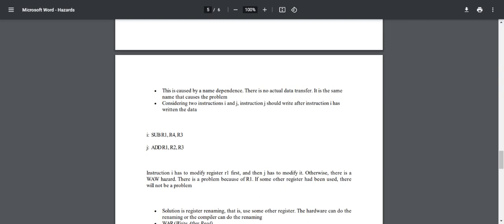And instruction J is add the values of R2 and R3 and store the result inside R1. Now, write after write hazard. Let the first instruction be written into the memory first, then only do the write operation for this instruction. Why is it like this? Just once again, follow this.